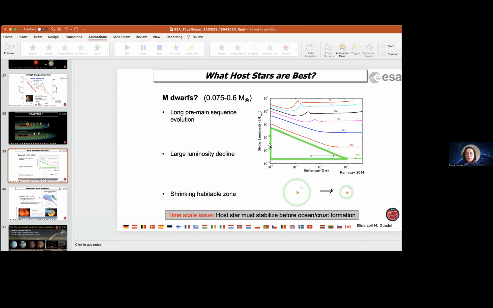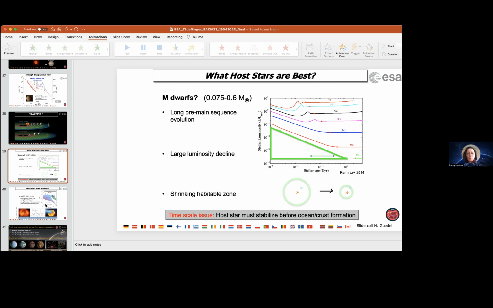Due to the fact that luminosity declines in very different ways, you don't need to look carefully at that graph, but just keep in mind that for M dwarfs, we have very large luminosity declines throughout the evolution, different to solar-like stars, K stars, and sun-like stars. So the habitable zone is actually shrinking, and it's hard to imagine how a planet in coevolution with the star can become conducive for life. Maybe it's possible, but it's something you need to keep in mind.